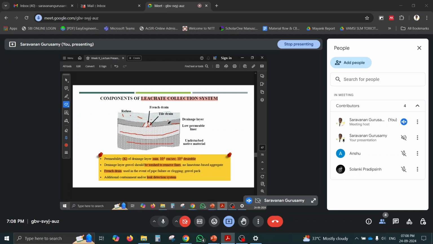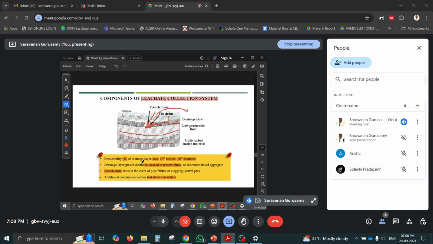Above it the drainage layer with the proper cushion. These are what we call gravels, and then fine layers, and then a drain pipe. Okay, so it will enter through the gravel, through the fine layer filtered, and it will enter the pipe. The pipe will be longitudinal, and it will be collected into the leachate collection well.